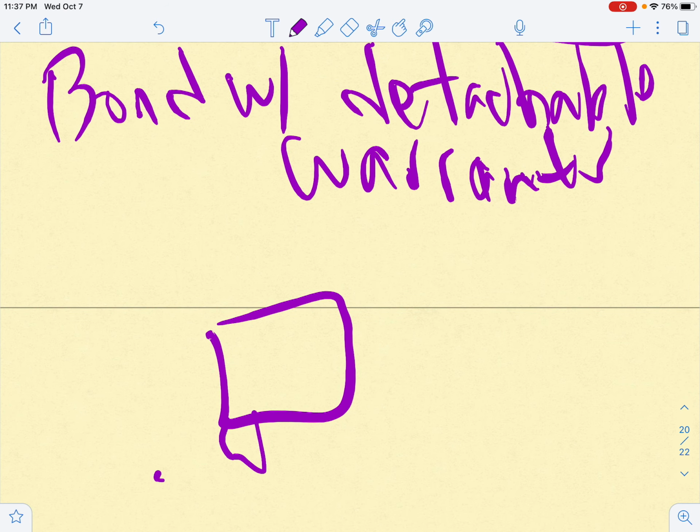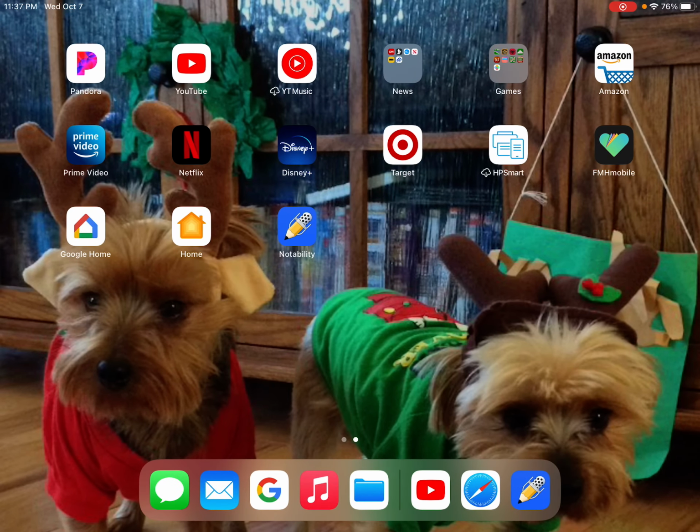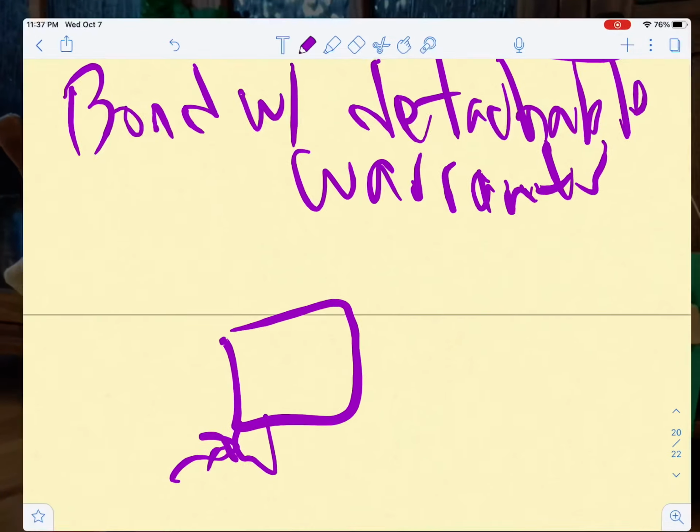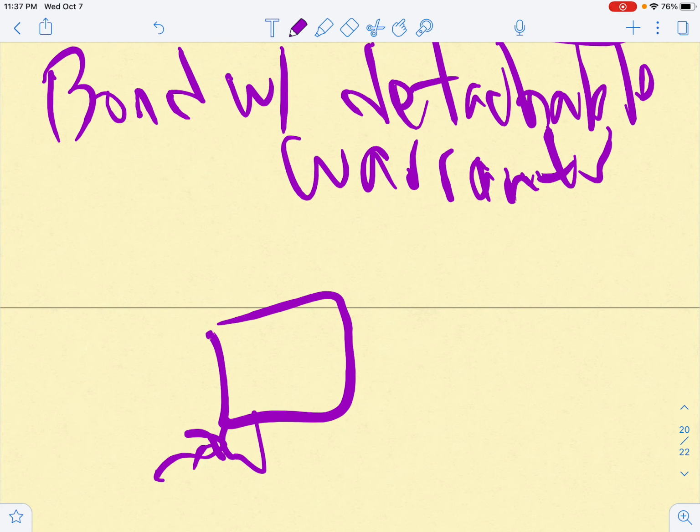You can tear off the warrant, and if you wanted to, you could sell that warrant, because that warrant will have its own price. Okay? So a bond with detachable warrants is such that you can sell the warrant itself and you still own the bond.